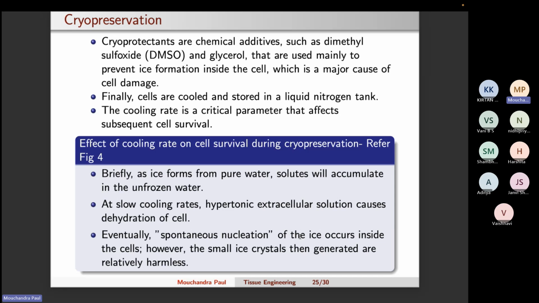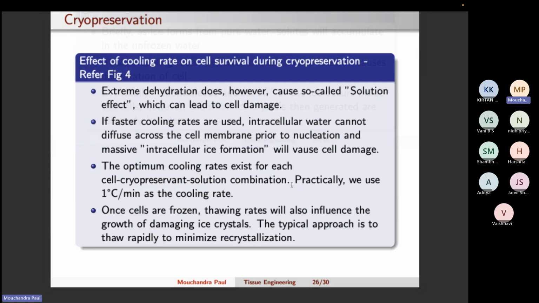Initially, when small ice crystals are formed, the effect is not that much, meaning the cell damage is not that much. But if the cells are extremely dehydrated, then there will be a very high rate of cell death, very fast cell damage.